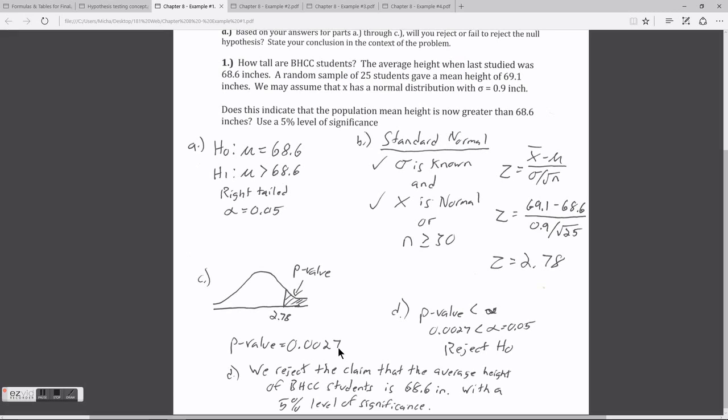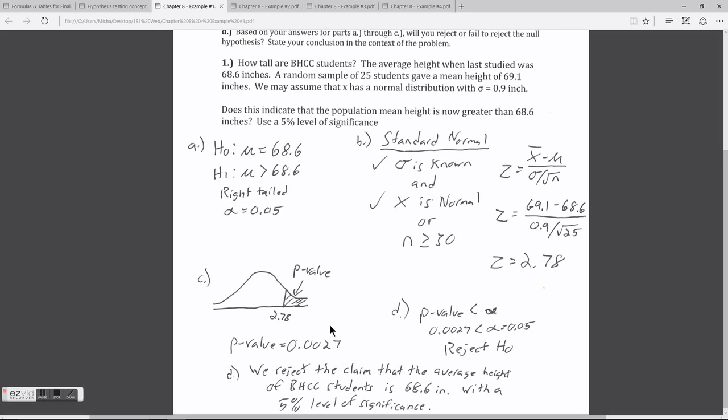So basically what I've concluded here is that if the average height of the college was actually 68.6 inches, the probability I could have got a sample mean of 69.1 inches or higher is only 0.0027 or 0.27%. Extremely small.